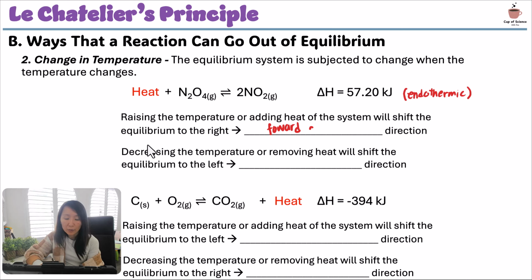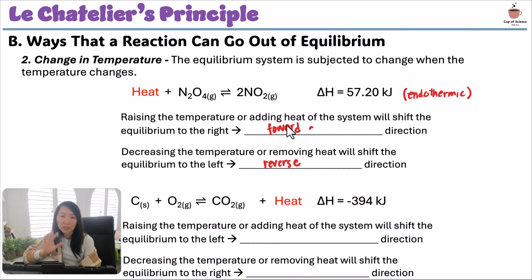Now, let's say we were to decrease the temperature, so I'm going to remove that heat. Then the teeter-totter will go in such a way that this side is heavier. And so that's going to reverse its direction, and the equilibrium will shift to the left. So it will favor the reverse direction.